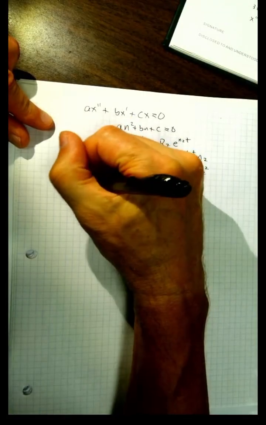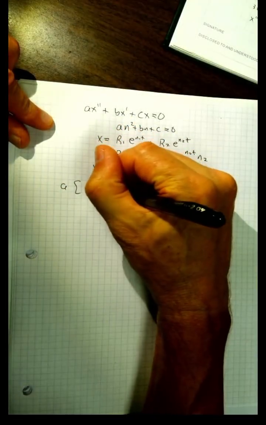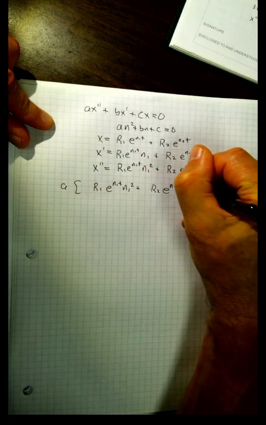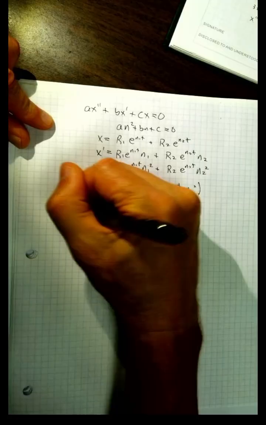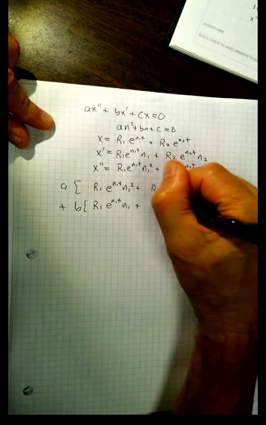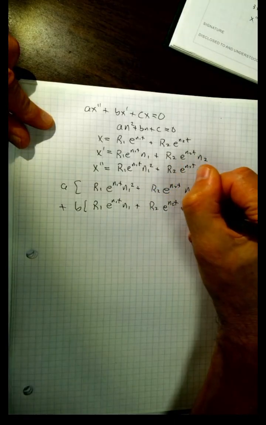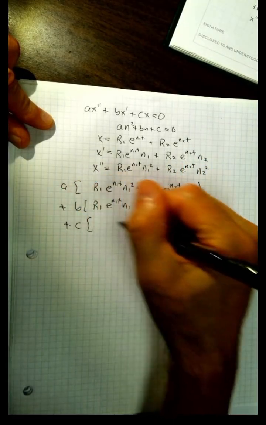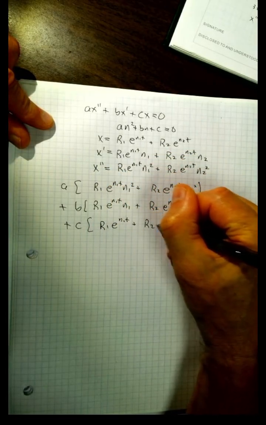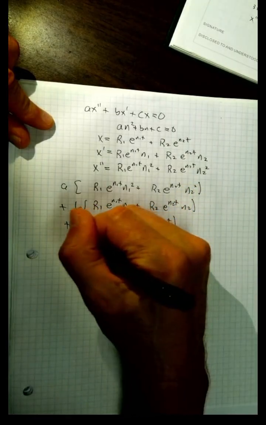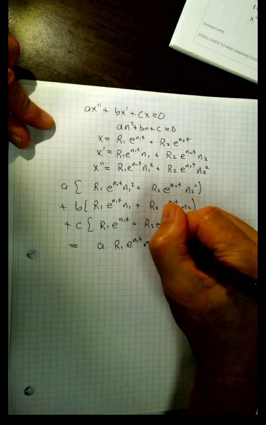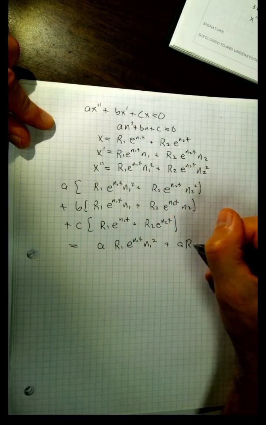When I plug this back into the equation, so a times x double prime plus b times x prime plus c times x, now I can distribute the a to both of those terms.